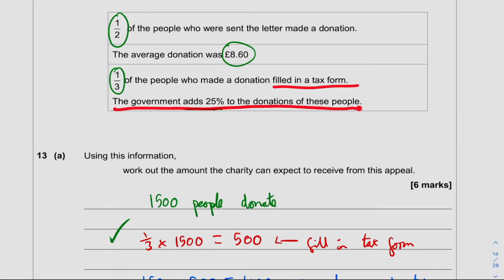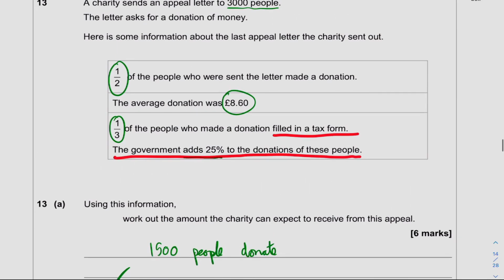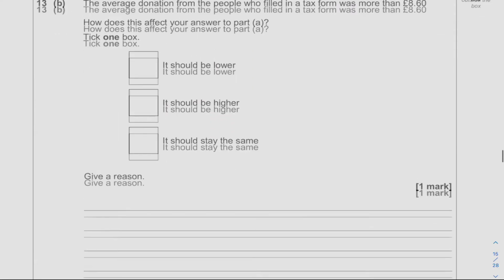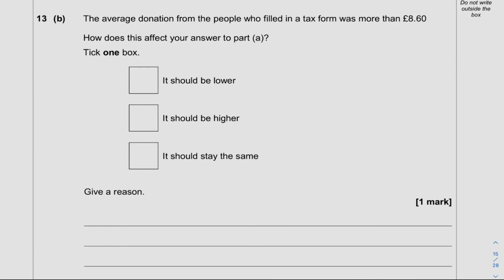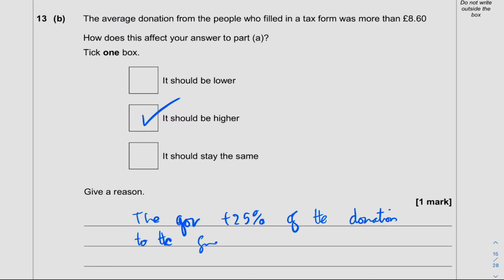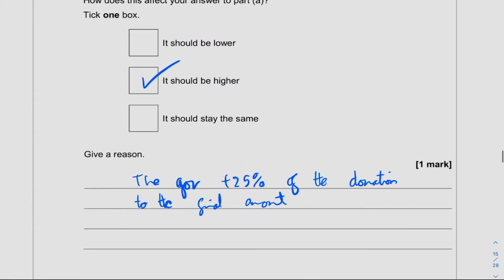If the amount they donate on average is greater than £8.60, the answer will be higher, as the government adds 25% of the donation to the final amount. That will be enough for the 1 mark in the exam.